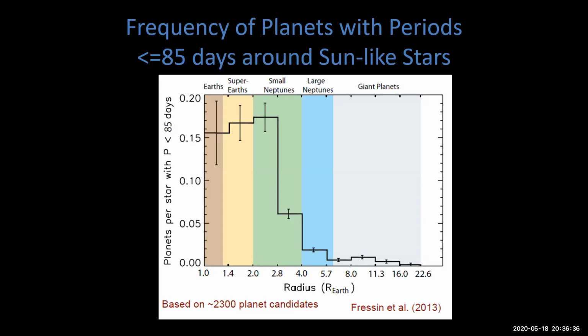There's a 15% chance that that planet would be an Earth-like planet, a 15% chance that that planet would be a super Earth-like planet, and about a 30% chance, or a 20% chance at least, that that planet would be a Neptune-like planet. So almost all stars have planets, and usually they're going to be towards the smaller end in size.